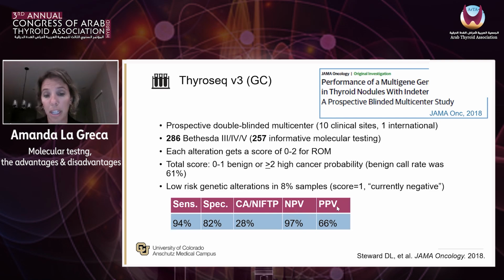The positive predictive value was slightly higher at 66%. So remember that with Afirma it was 47%. So the positive predictive value of ThyroSeq V3 is slightly higher in this study. Of these 28%, there were 11 cases of NIFTP, and all were called positive. So none of them were missed.